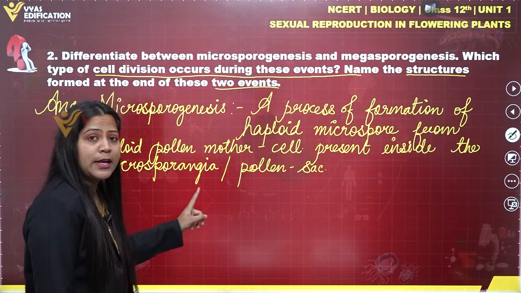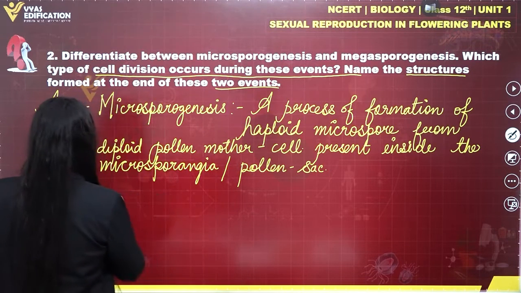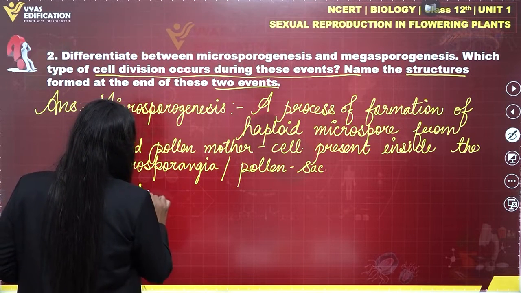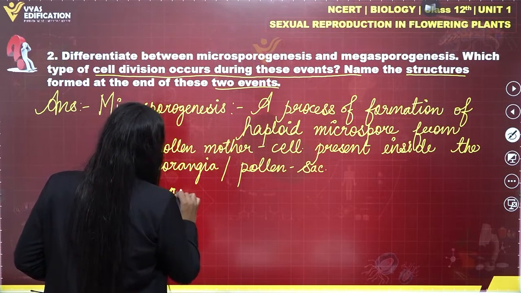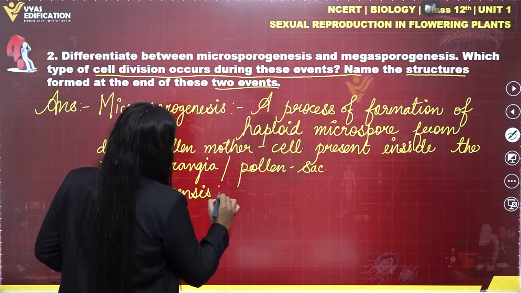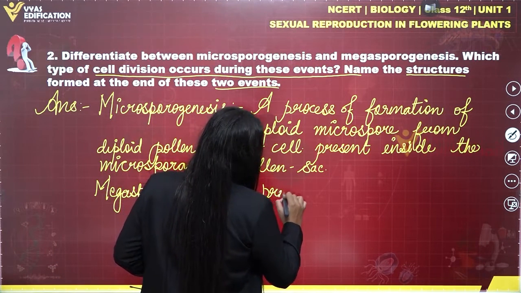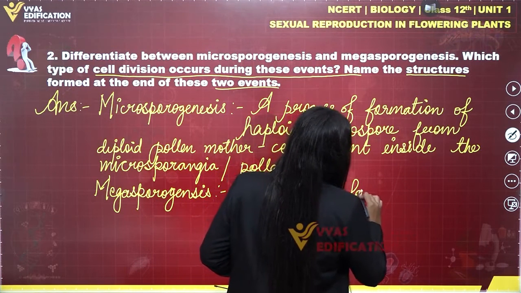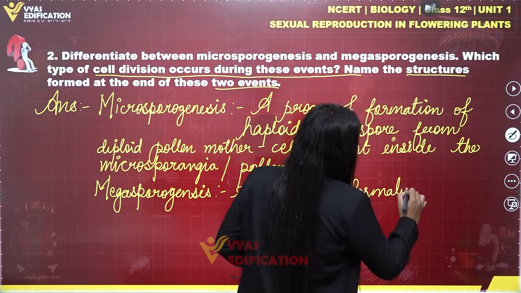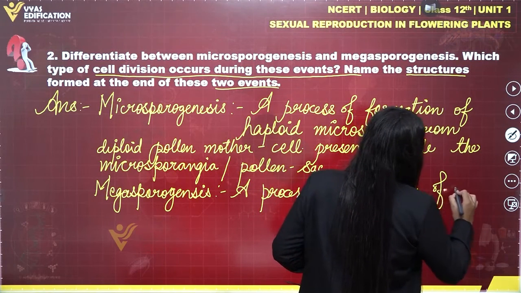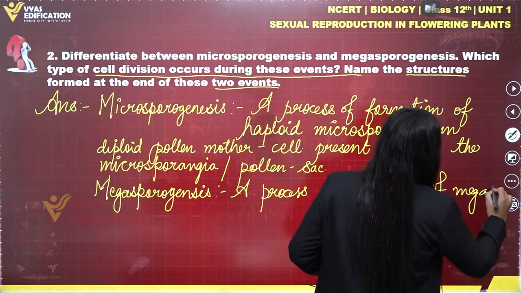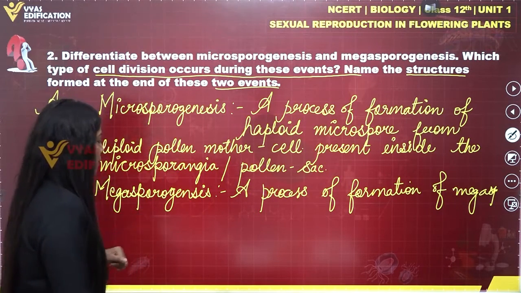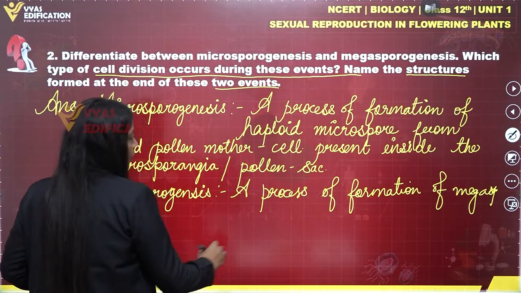microsporogenesis. Now in case of megasporogenesis, this is also a process of formation of megaspore, a haploid megaspore.